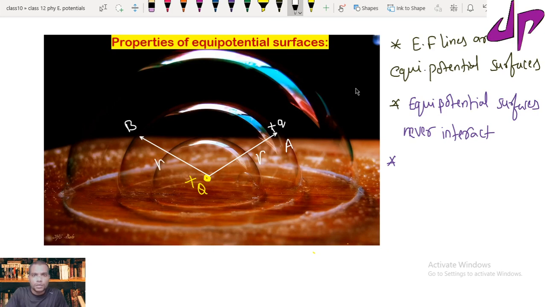Now I am moving the test charge over the equipotential surface, not across the equipotential surface.